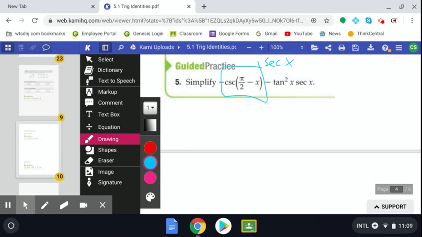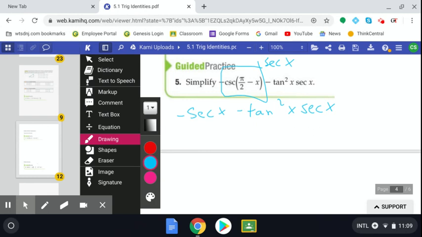So now I am going to say that negative secant x minus tangent squared x secant x is what I'm going to need to simplify.